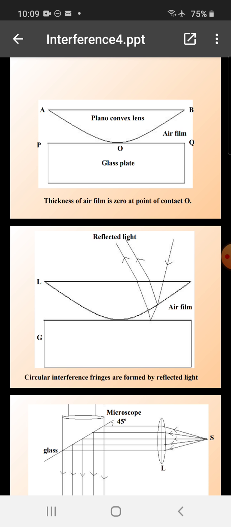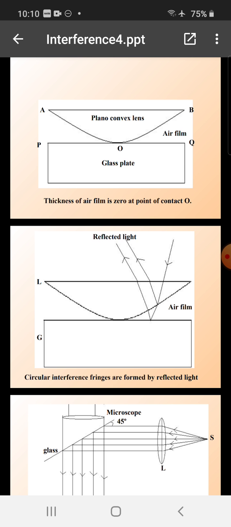The refracted light falls on the plane glass, from where it gets reflected, and that reflected light when it comes out of the lens superimposes on the first ray and interference fringes are obtained.